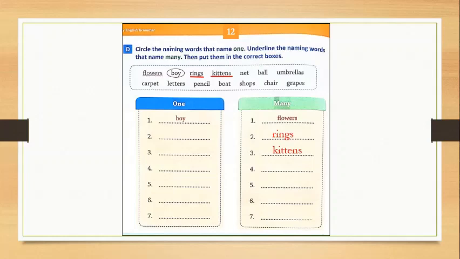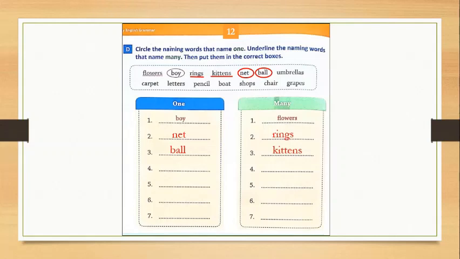Next is net. Net is a naming word for one. So circle net, write it in the first column. Next is ball. Ball is a naming word for one. So circle ball and put it in the first column.